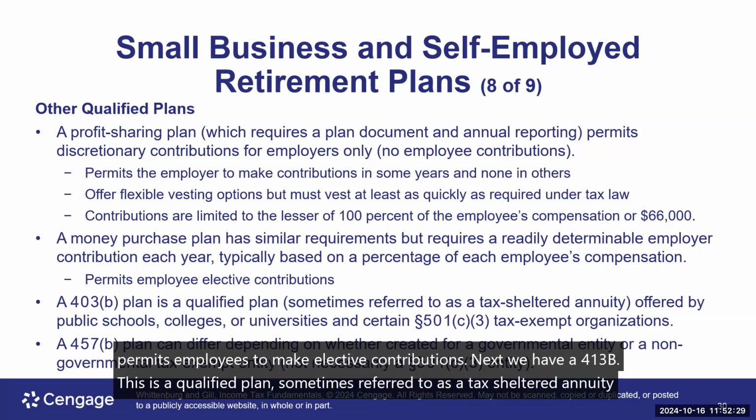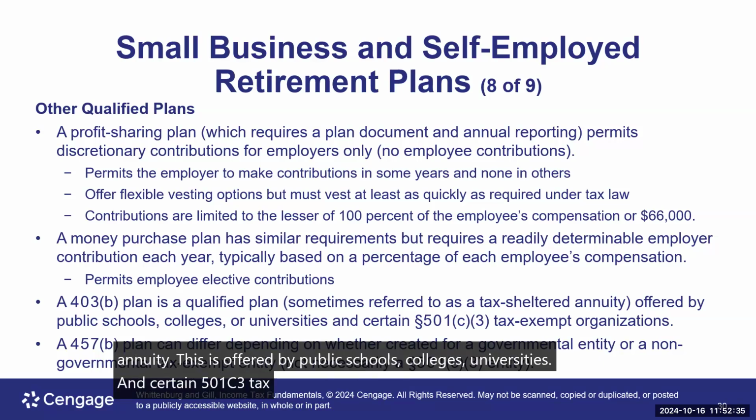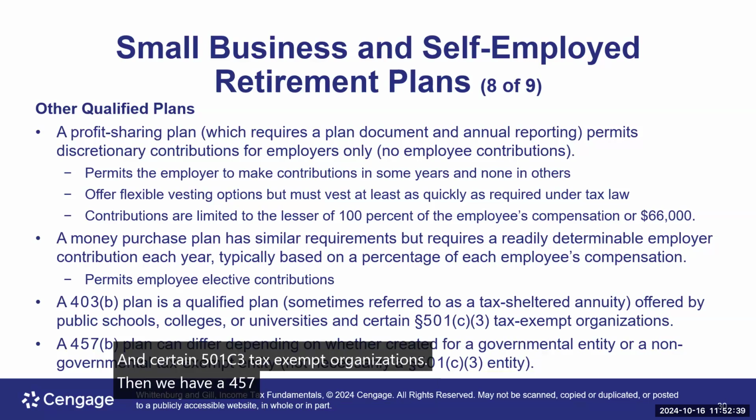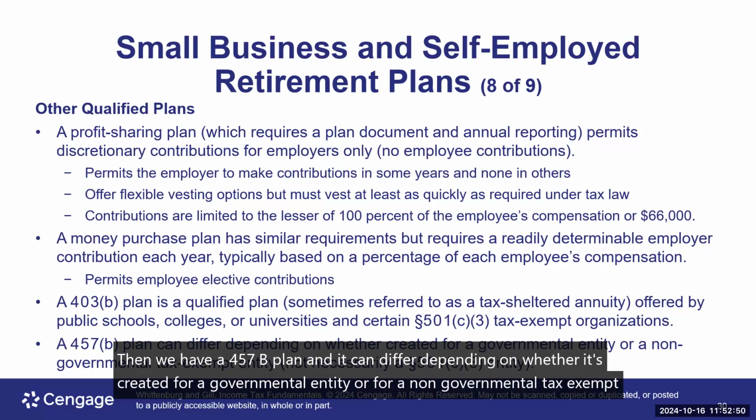This is offered by public schools, colleges, universities, and certain 501(c)(3) tax exempt organizations. Then we have a 457(b) plan, and it can differ depending on whether it's created for a governmental entity or for a non-governmental tax exempt entity, not necessarily one that's a 501(c)(3).